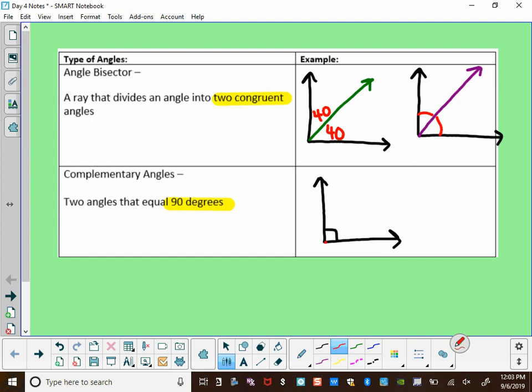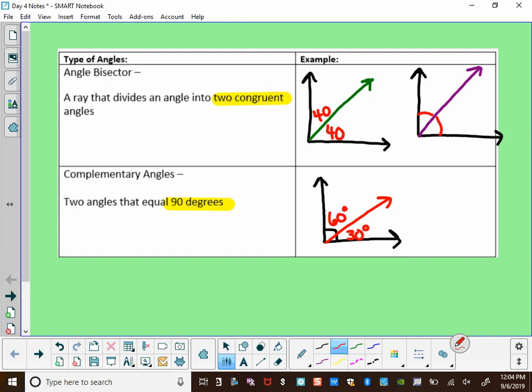And it's not saying that each piece needs to be the same, but let's say this top piece here is 60 degrees. If they're complementary, that bottom piece has to be what to make it equal to 90 degrees? What's 90 minus 60? 30. So that would mean that this is a complementary angle because both of them together add up to give me 90 degrees.